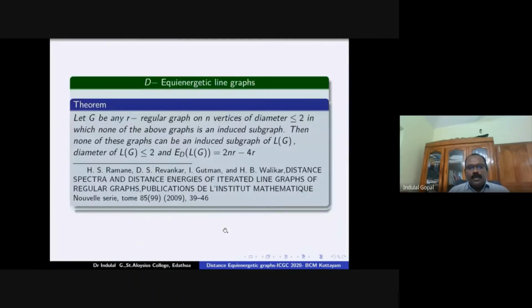Then in 2009, Ramana et al. proved that if G is any r-regular graph on n vertices of diameter less than or equal to 2, in which none of the above graphs F1, F2, F3, F4 is an induced subgraph, then none of them can be an induced subgraph of L(G), the diameter of L(G) is less than or equal to 2, and the distance energy of L(G) is given by 2nr minus 4r. Surprisingly, it depends upon the number of vertices and regularity of G alone.